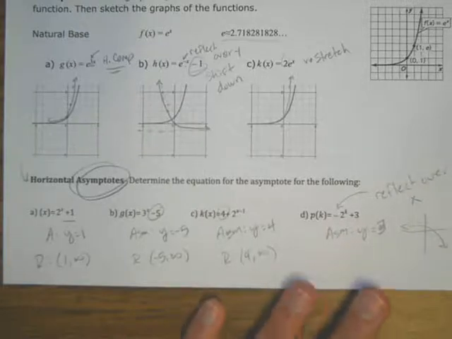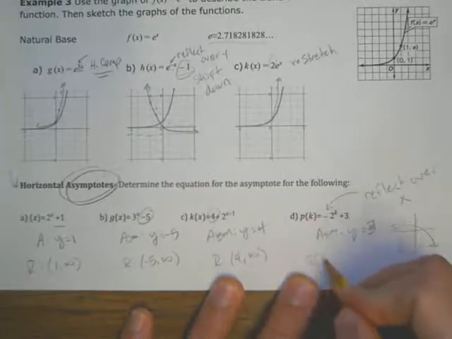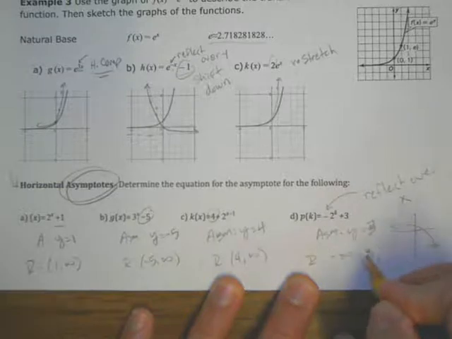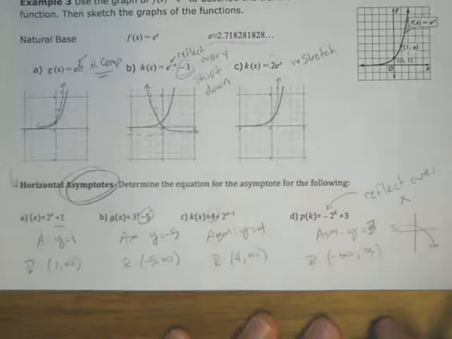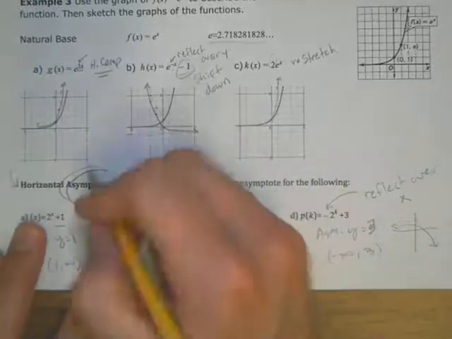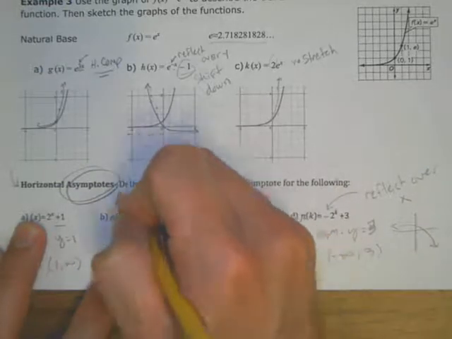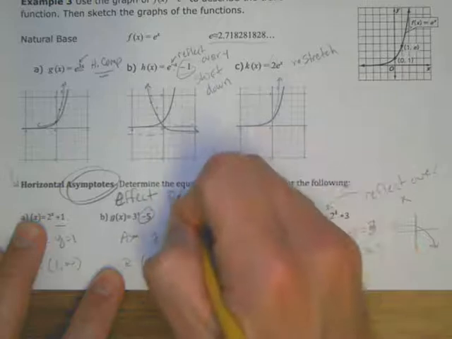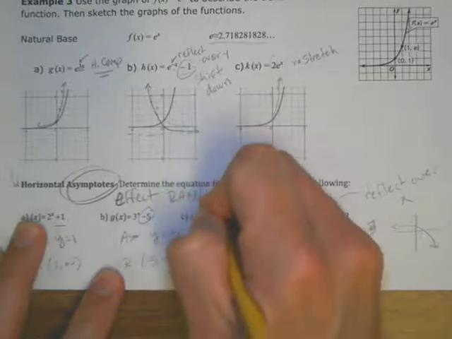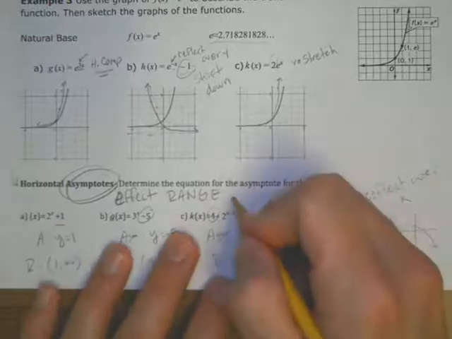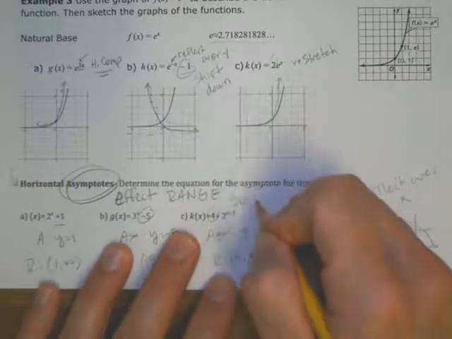Alright? Be very, very careful. Your horizontal asymptotes affect the range. So does reflection. Booyah. I think your domain is always negative infinity to positive infinity.